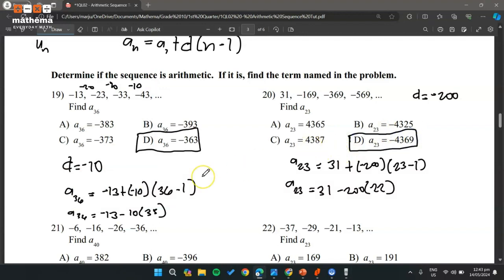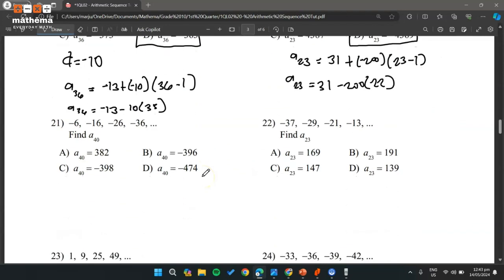Let's have number 21. Again, check whether this is arithmetic. Looking at the numbers, this is arithmetic with a common difference of negative 10, right? We are going to make use of the formula: a sub 40 is equal to negative 6 plus negative 10 times 40 minus 1.